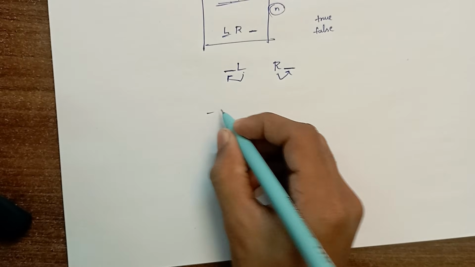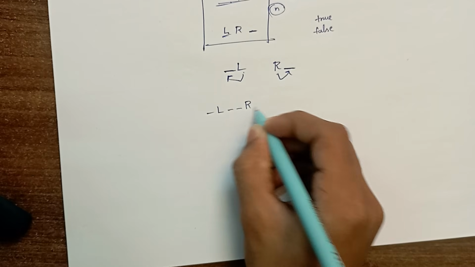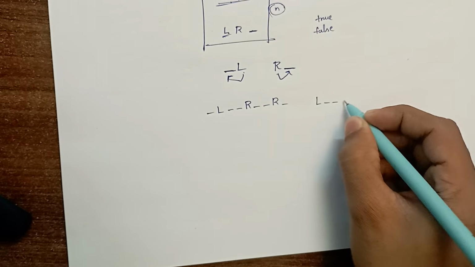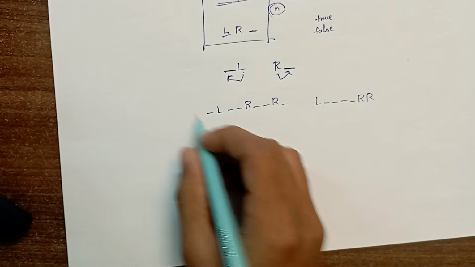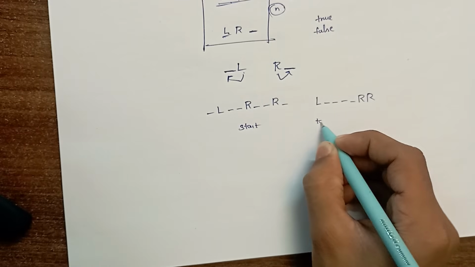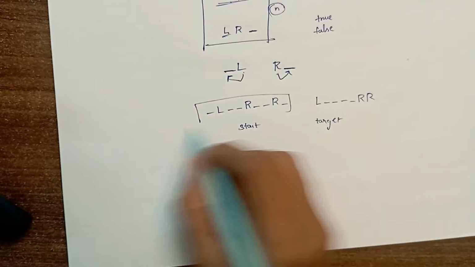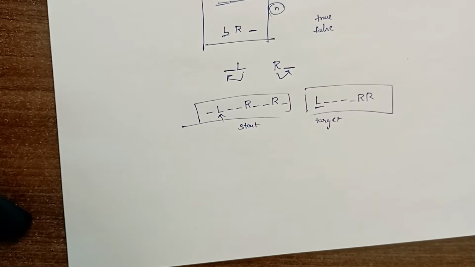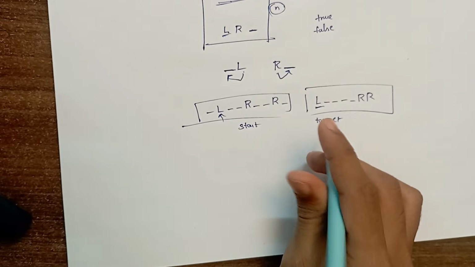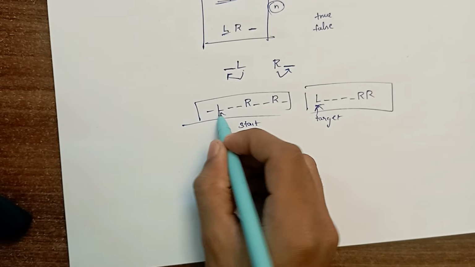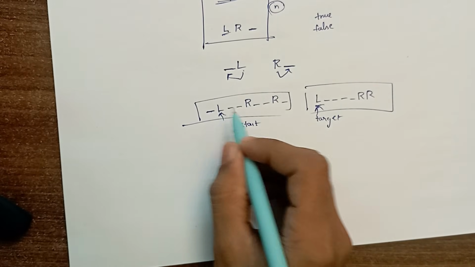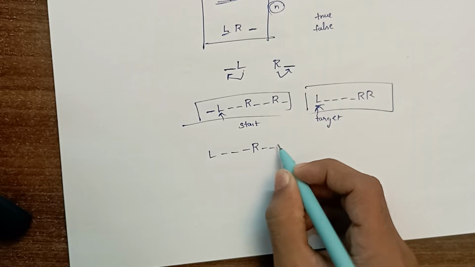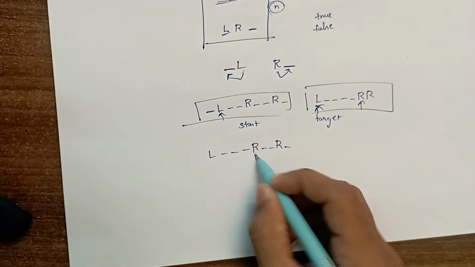If you see the first example, we are given underscore L underscore underscore R underscore underscore R underscore L underscore underscore underscore underscore RR. This is the start and this is the target. We have L first, and another L here. That means we can surely transform this L, as we have an underscore, a blank space, before this L. Now we have an R here and an R here.